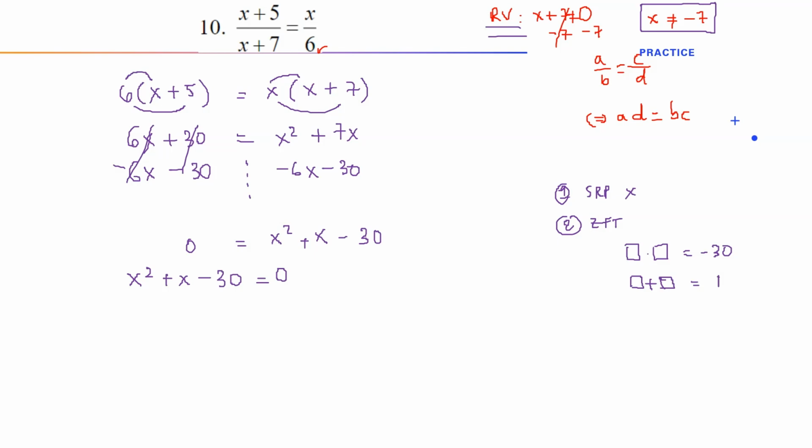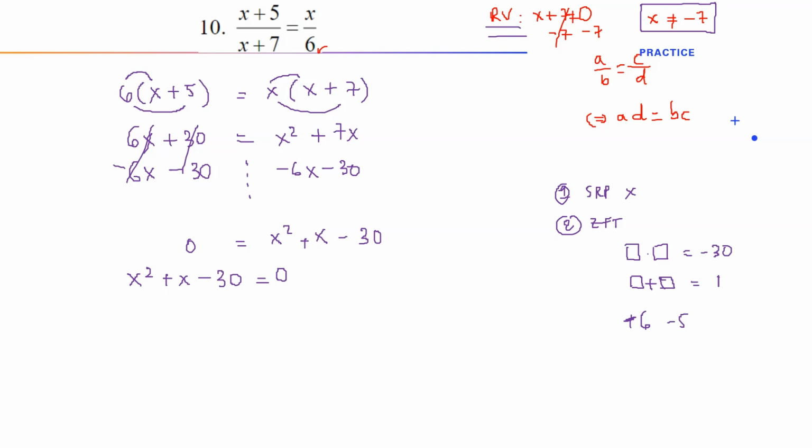What should it be? It should be positive 6 and negative 5. If it's negative 6, you will have them add up to negative 1. So because it's 1, it has to be positive 6 and negative 5.